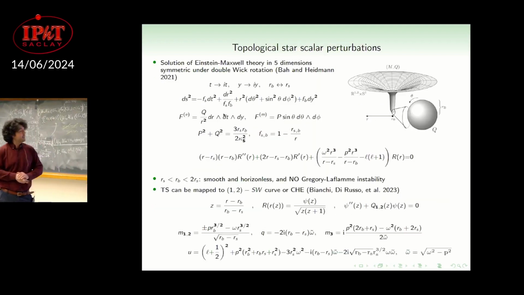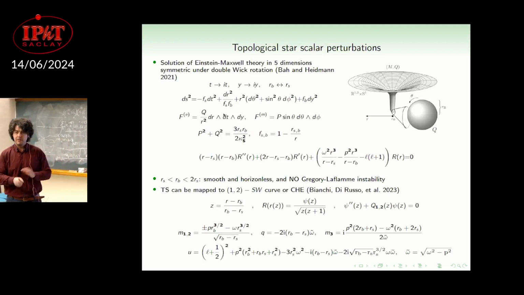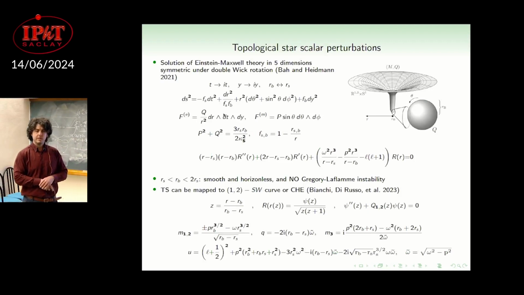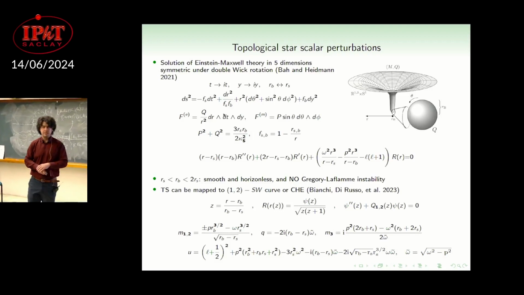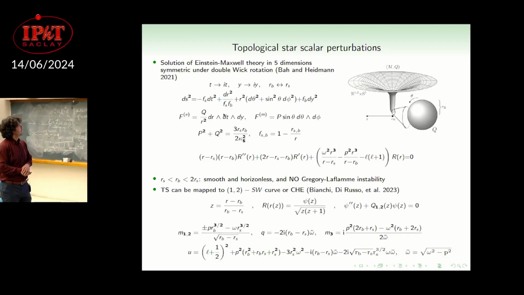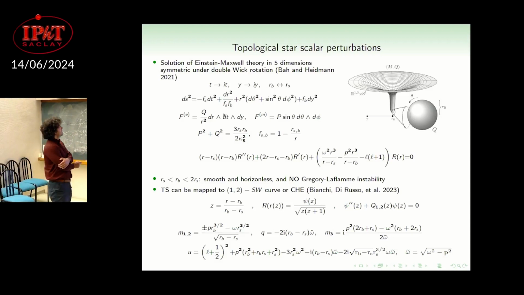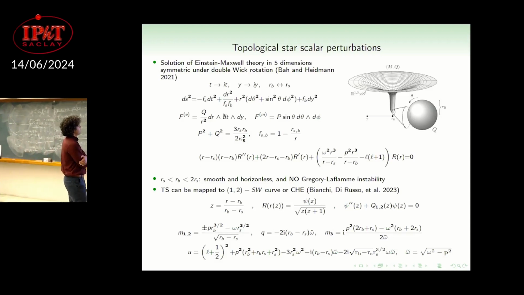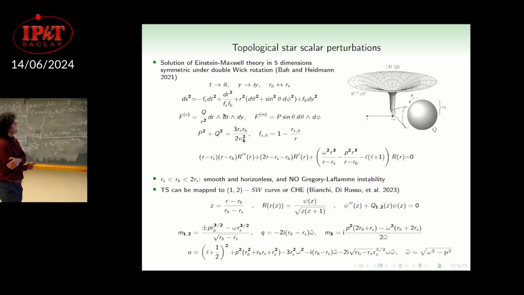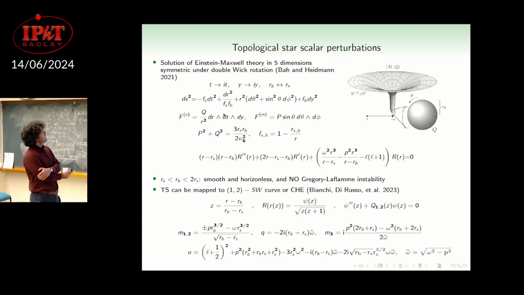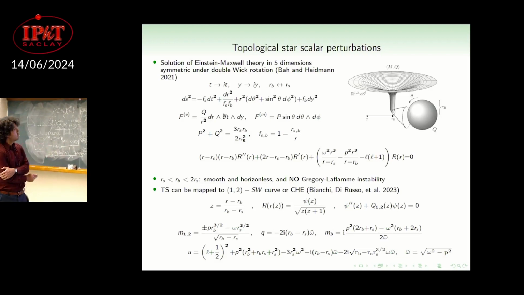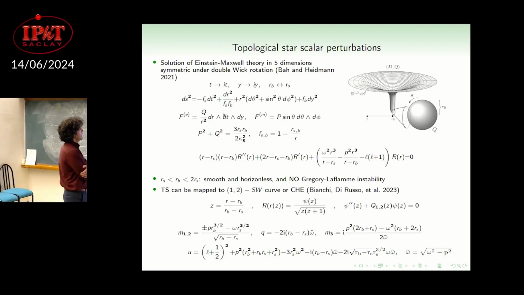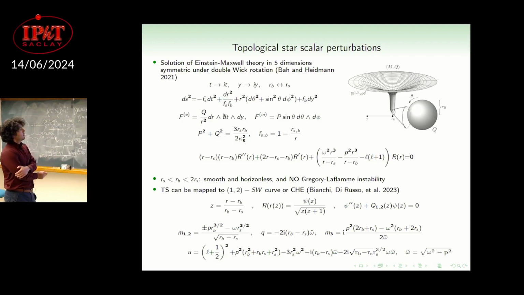So let me introduce topological stars, even if I am not the expert, but the expert on topological stars is in this room. Topological stars are solutions of Einstein-Maxwell theory in five dimensions. And they are symmetric under a symmetry called the double Wick rotation. The solution has the metric, an electric three-form and the magnetic two-form, the field strength, I mean.